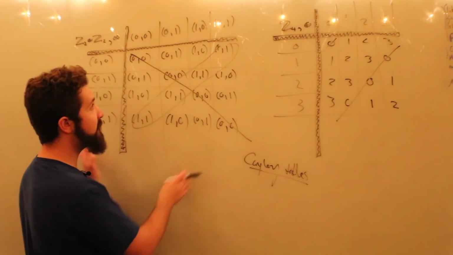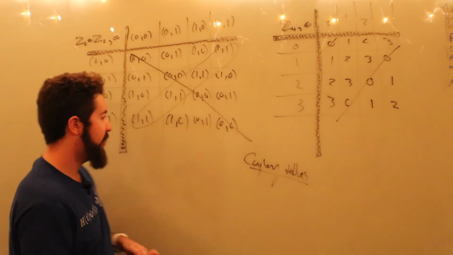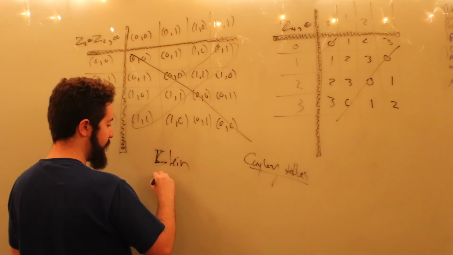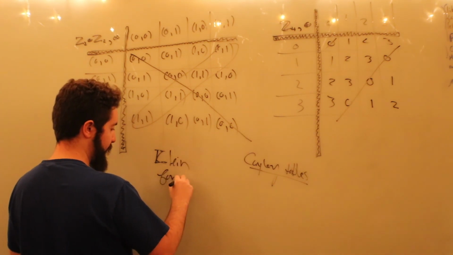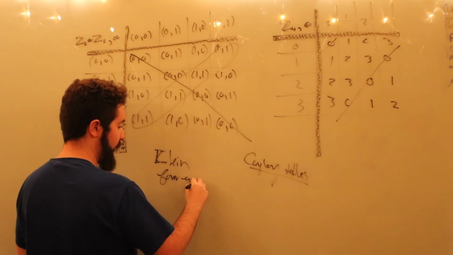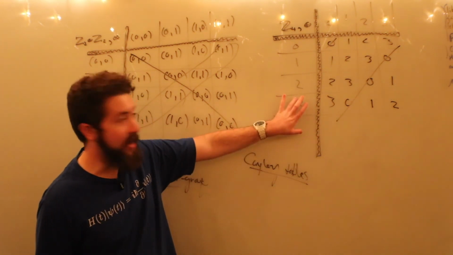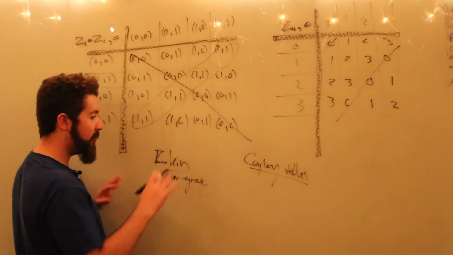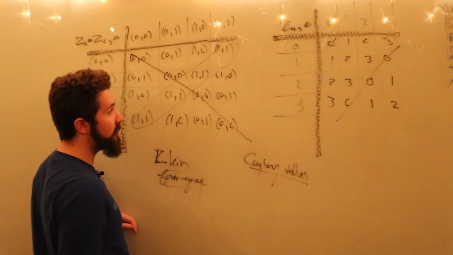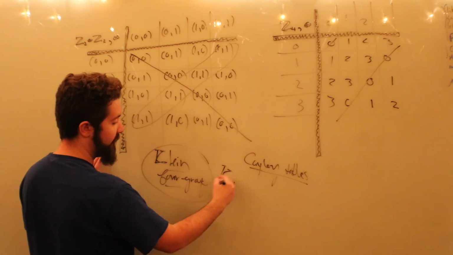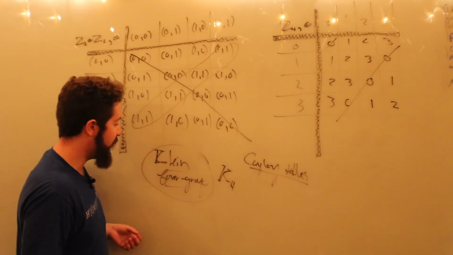And this group is special and has its own name, and it is called the Klein 4 group, because it has 4 elements, but it is not that group. So we have 2 totally different groups. We have the cyclic group of order 4, and we have the Klein 4 group, also abbreviated K4 over here.